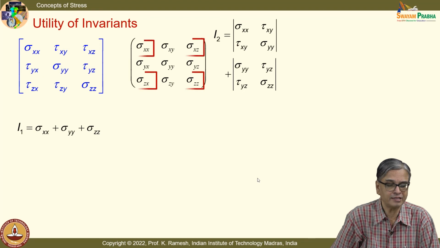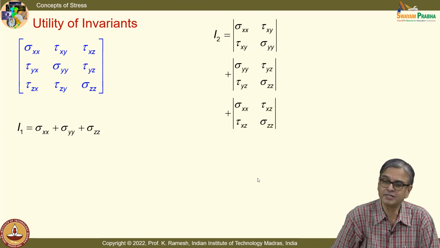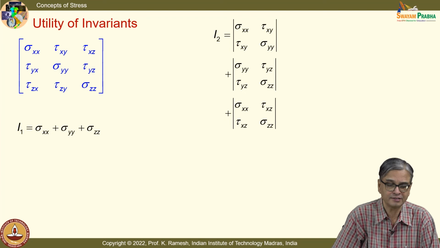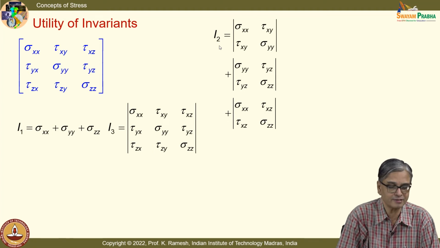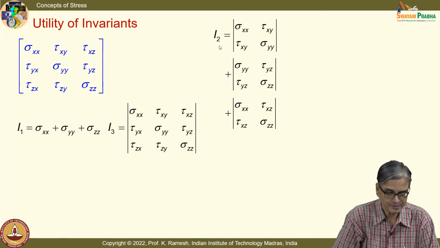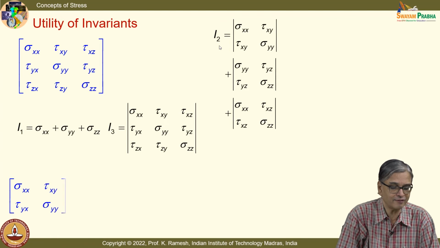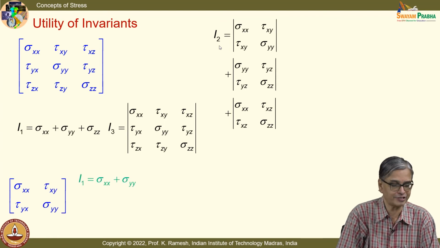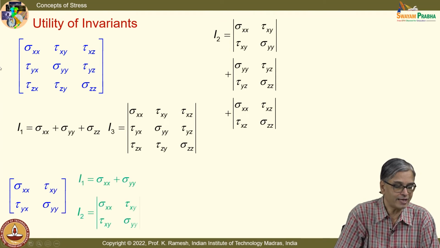I have the 4 corner elements forming the determinant for finding I2, and I3 is the complete matrix with sigma x, tau xy, and we will confine ourselves to a 2-dimensional representation. So, I1 reduces to sigma x plus sigma y, and I2 is the determinant of sigma x, tau xy and sigma y.